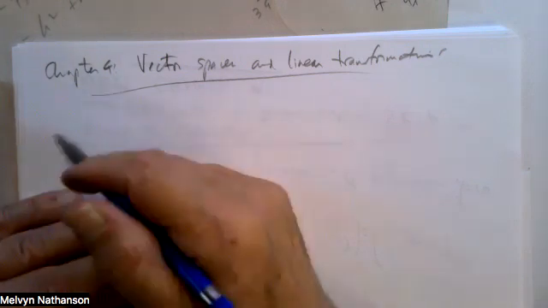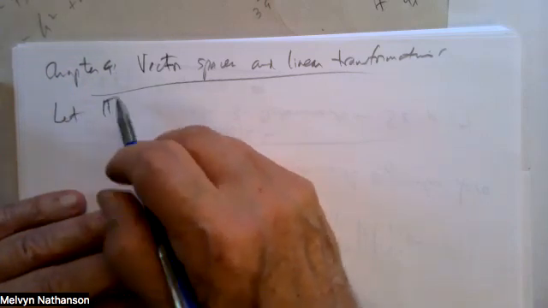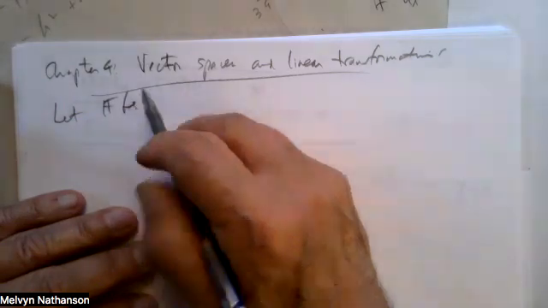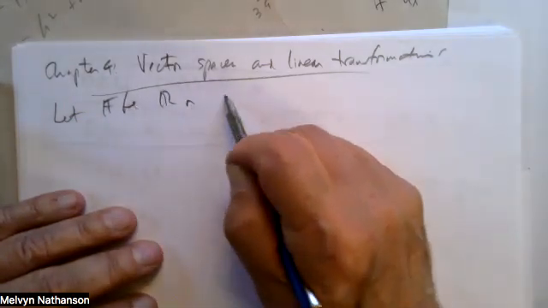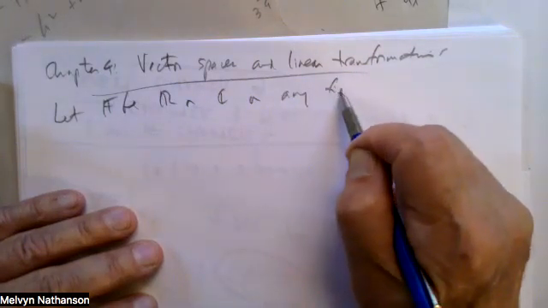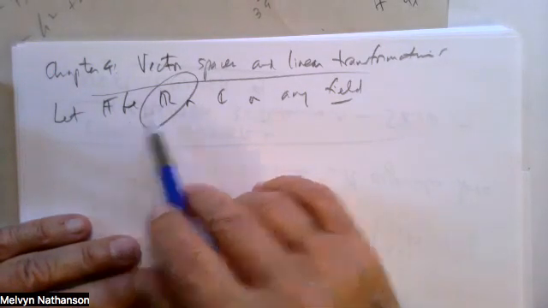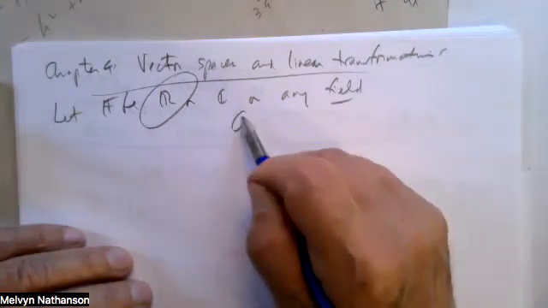We know particular examples are Rn, Rm, R2, R3, R4, and so forth. But in general, let F be the real numbers or the complex numbers or any field, but in fact, I'm just going to deal with R. So our field is always going to be just the field of real numbers. But everything you do for the real numbers, you could also do for the complex numbers. You could do it for the rational numbers. There are lots of fields you can deal with.